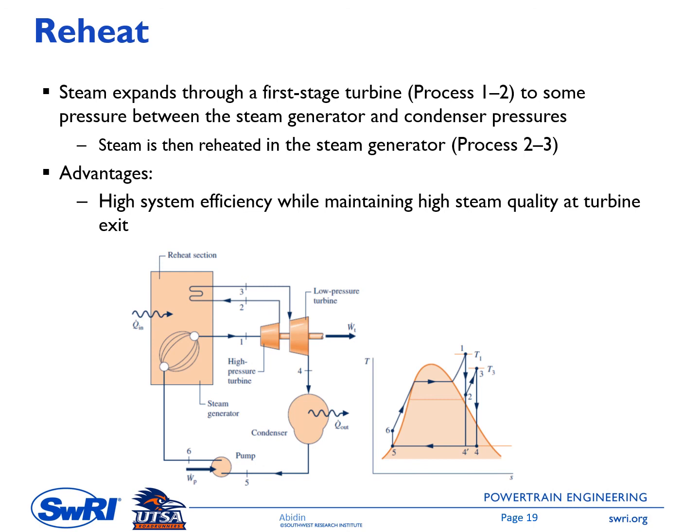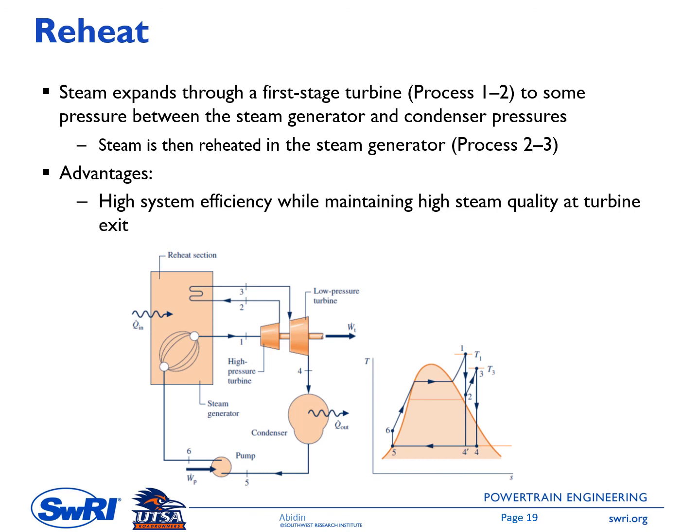The first one is the high pressure turbine and the second one is the low pressure turbine. The steam expands through the first stage, the high pressure turbine, which is process 1 to 2. And this expands to some pressure between the steam generator and condenser pressures.